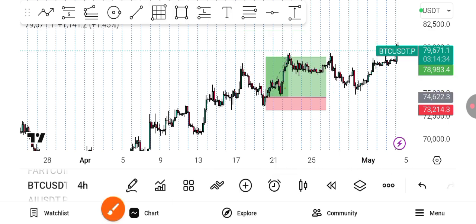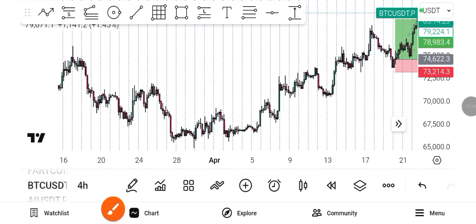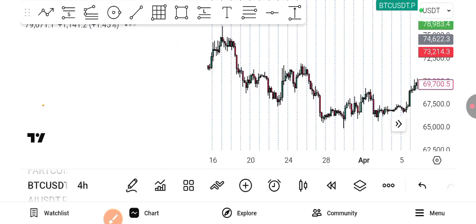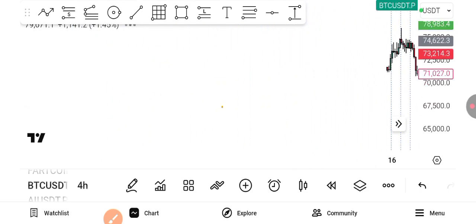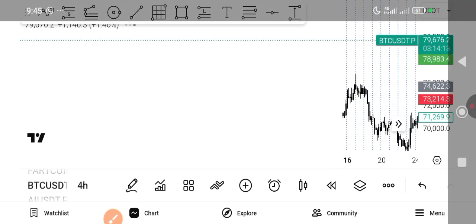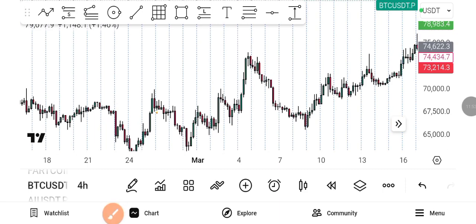So now let's look for dark cloud cover. Let me show you an example of a dark cloud cover. Let's go. My network is the problem now. So we come here and we do what?